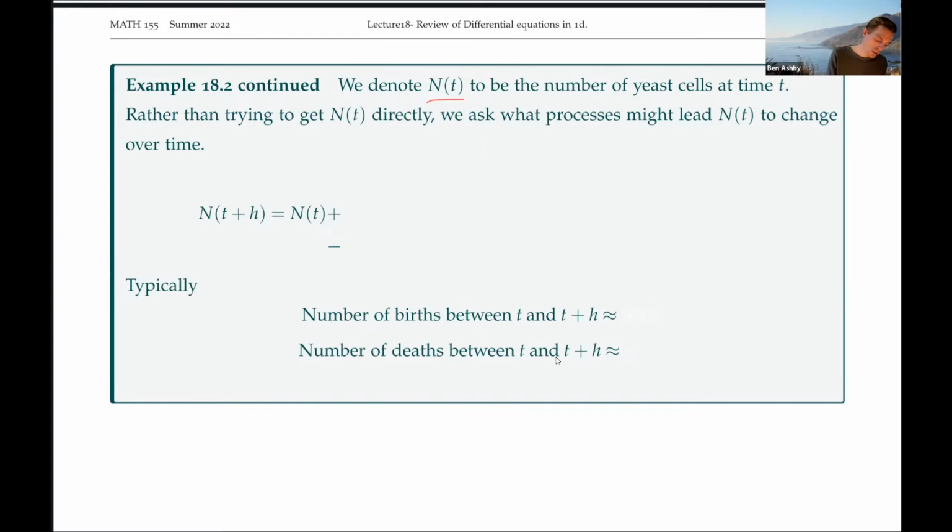So we can think about the population size at time t + h, a little bit further on in time, being based somehow on the population at time t, plus the number of cells, our yeast population, created between times t and t + h, minus the number of cells that die.